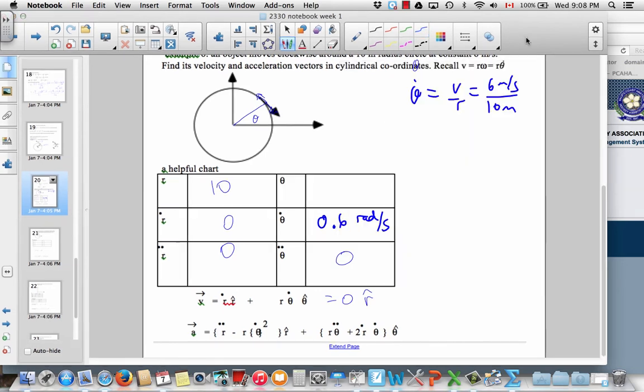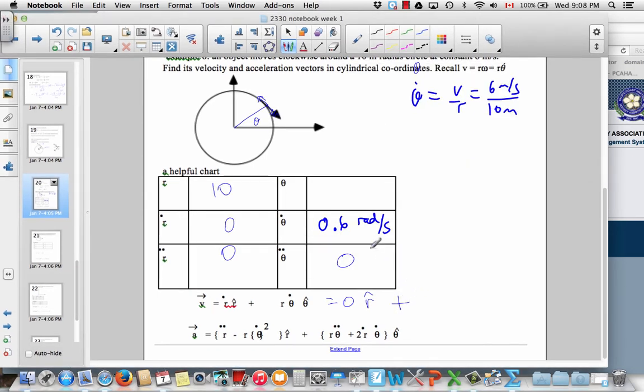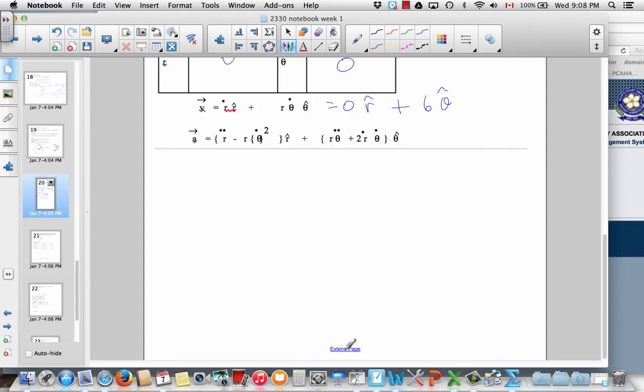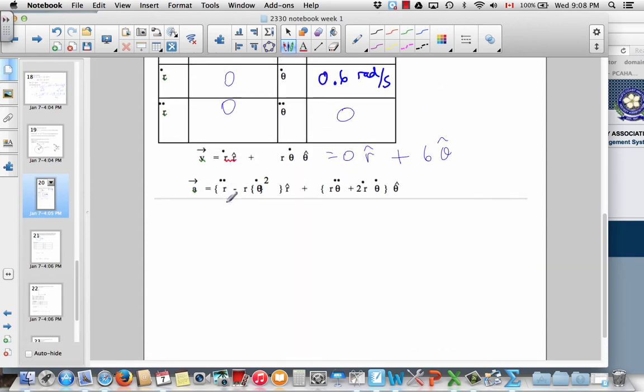and then the tangent component will just be 10 times 0.6, which is just 6 in the theta hat direction, which is, of course, what we said it was at the beginning. That's what we were given. Now, for the acceleration, this is going to be 0, then this is going to be 10 times 0.6 squared.